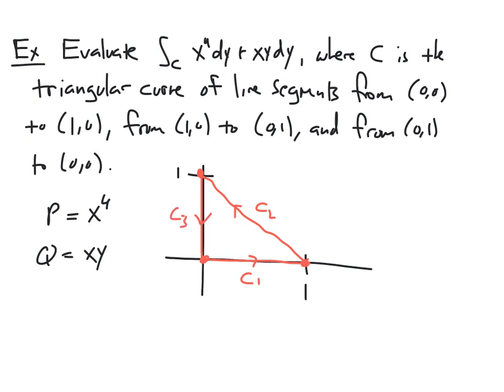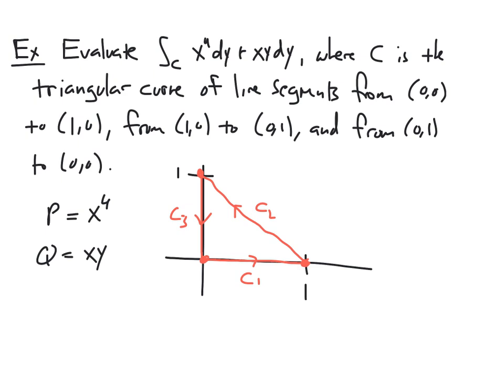Okay? So once we see this, we can certainly just compute this line integral directly, but notice that in order to do this, we would have to compute the line integral over 3 line segments. So we would have to find a parameterization for each of these, compute the line integral, that would be 3 line integrals we have to compute, and then add them together.